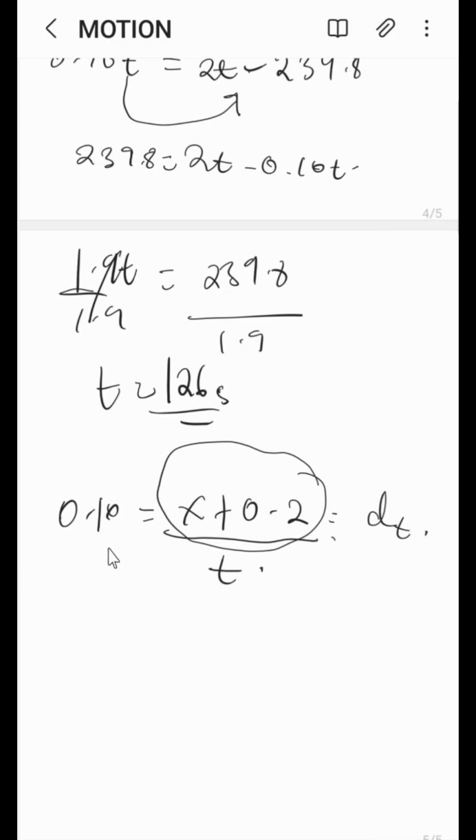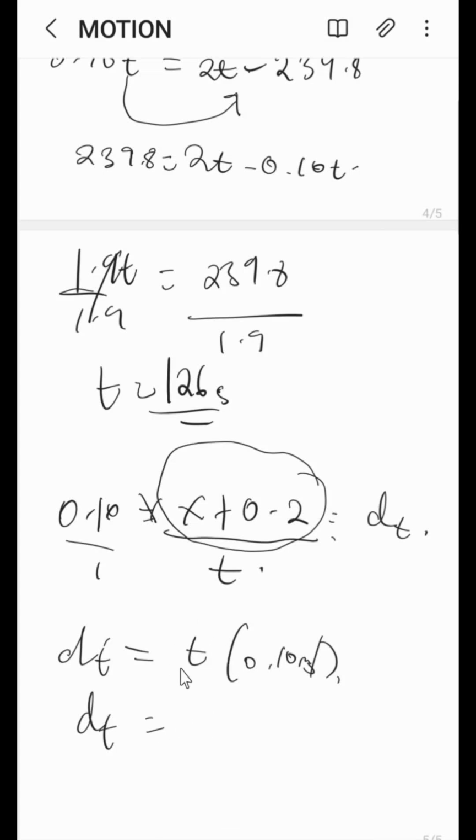So we are going to say d is equal to t multiplied by 0.1 meters per second, right? Because that is speed. So d is equal to t times 0.1, if we're saying make x plus 0.2 be that. So t is going to be 126 seconds, 0.1 meters per second.